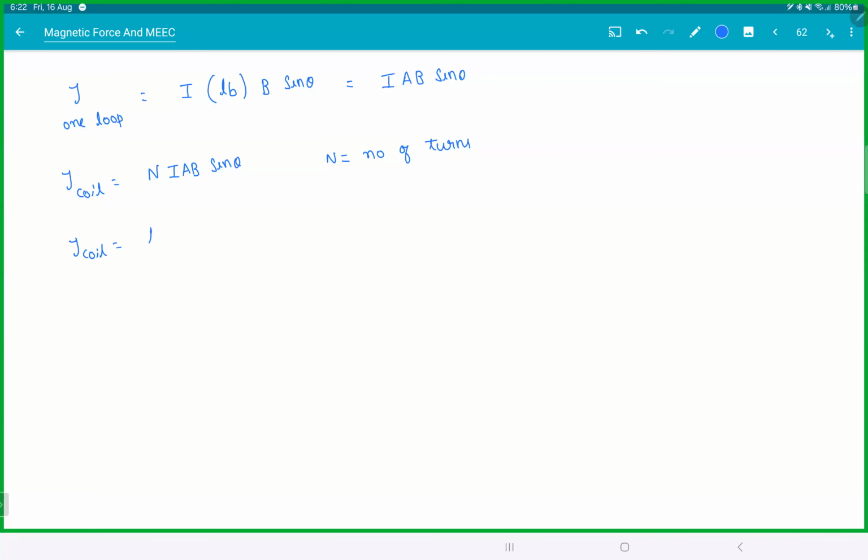So this quantity can be written as mu B sine theta. This is given by mu cross B, cross product, where this mu is nothing but number of turns N into I into area. This is called magnetic moment.